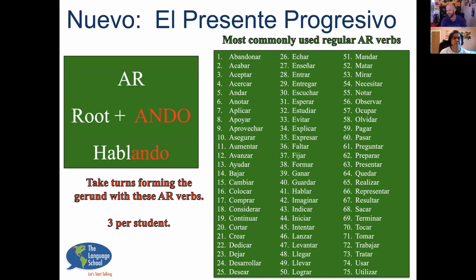Here's a list of 75 of the most commonly used AR verbs. We don't have to go through all of these right now, but take 3 of these at random and practice forming this. In particular, if there are 3 that you're not sure what they are, this would be a good way to build your vocabulary too.